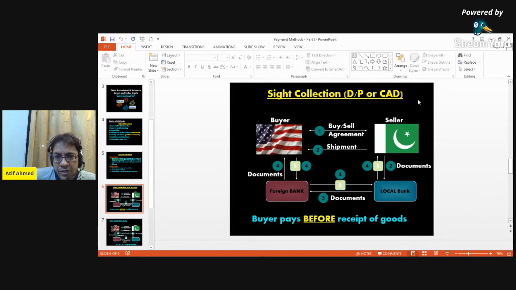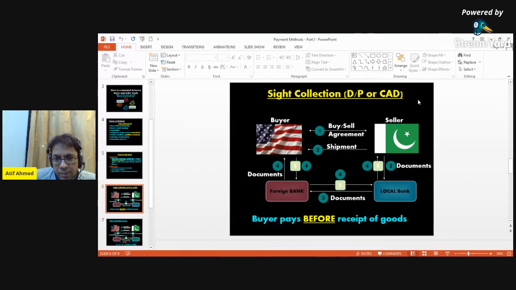So the first step is there is an agreement or contract of sale between the buyer and seller. After the contract is signed, the seller produces the goods and arranges the shipment. Simultaneously, he gets all the documents, including commercial invoice, packing list, bill of lading, and other documents. All the original documents are then sent from the seller to the local bank of the seller.